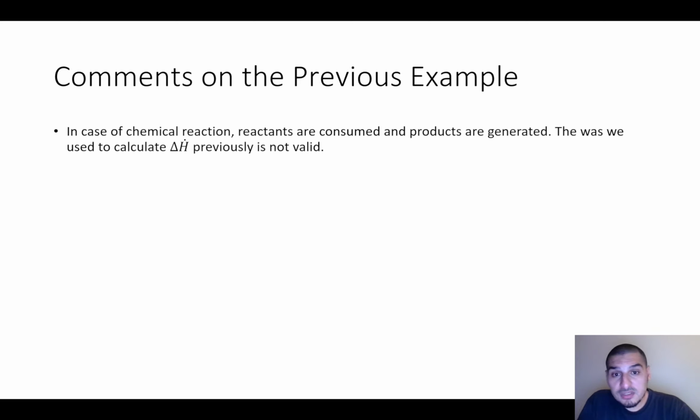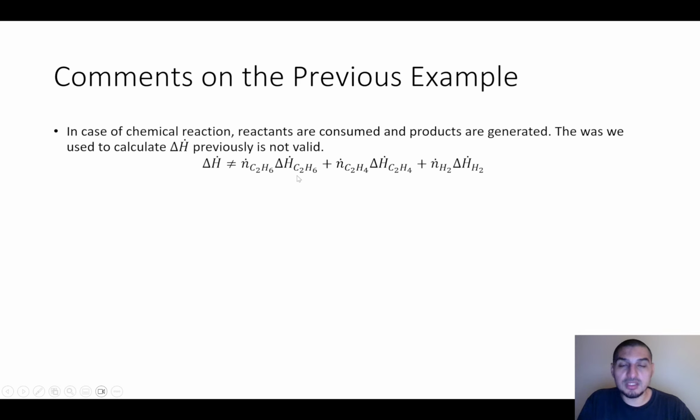In non-reactive systems, we used to use the equation delta H equals n multiplied by delta h. And if we have a mixture, we assume it's an ideal mixture, so it's the number of moles of each one of the components multiplied by the change of enthalpy of this component, the same for the second with the delta h of the second, and the same for all of them.